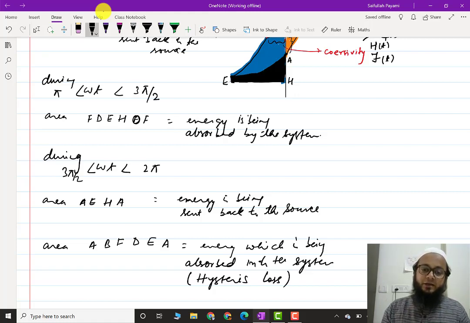So that energy which is required to change the direction of the domains from positive to negative and negative to positive, we said it's a loss in the core, and that loss is known as hysteresis loss.